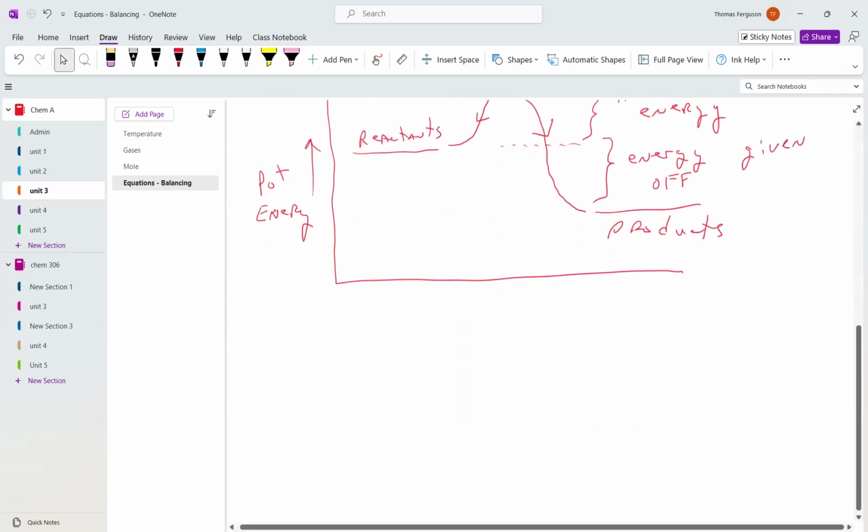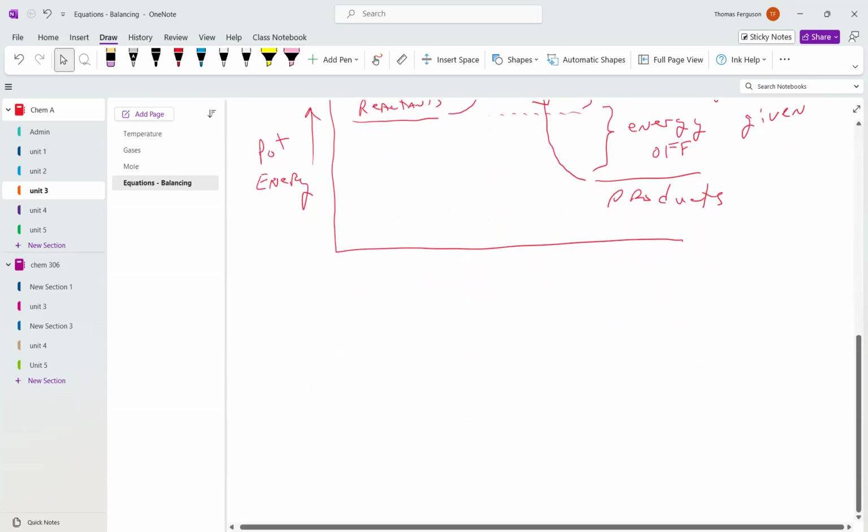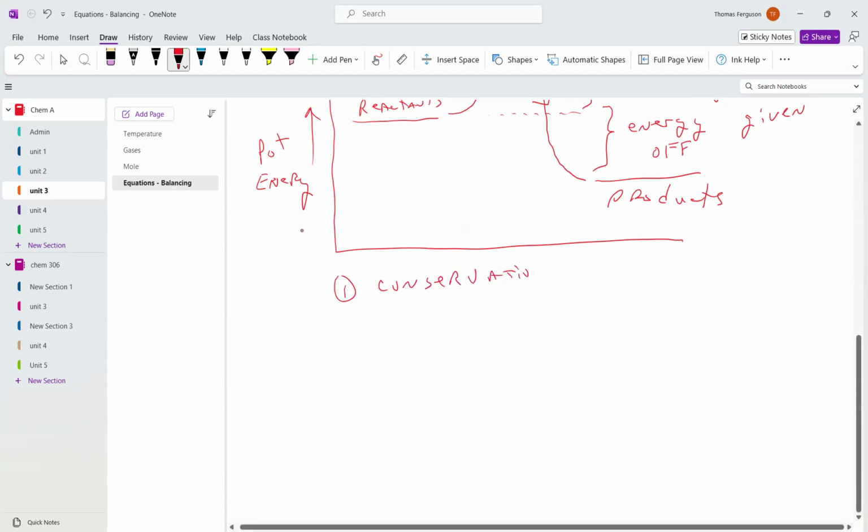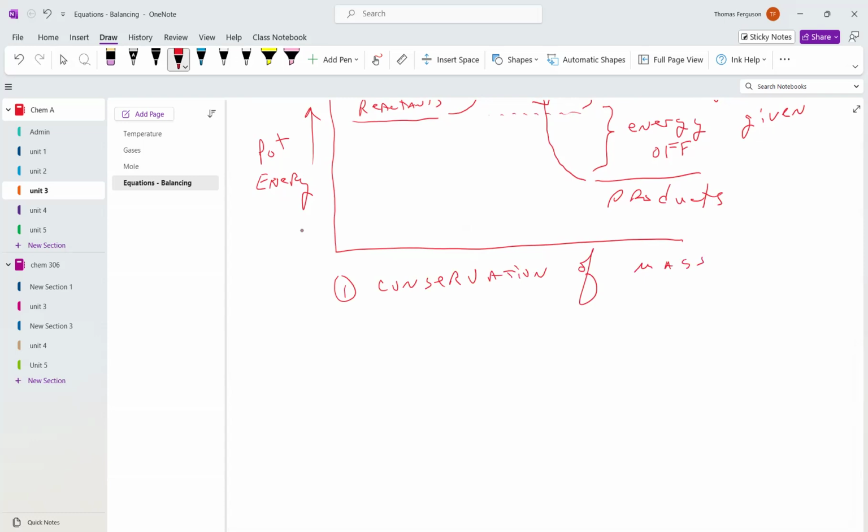So let me give you some examples of chemical reactions. There are two principles that need to be followed. One is conservation of mass. If you start with 5 grams, guess what you end up with? 5 grams. Otherwise, we have something called an explosion.